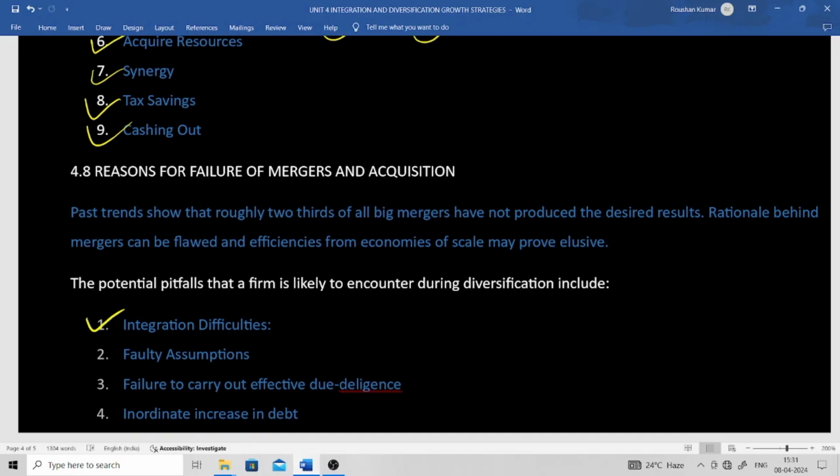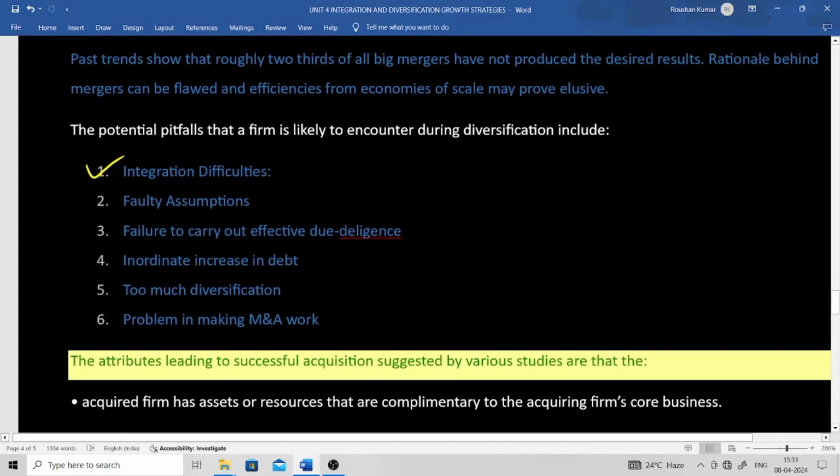Now the second one is faulty assumptions. Faulty assumption means a booming stock market encourages mergers, which can spell danger. Deals done with highly rated stock as currency appear easy and cheap, but the underlying assumptions behind such deals are seriously flawed.